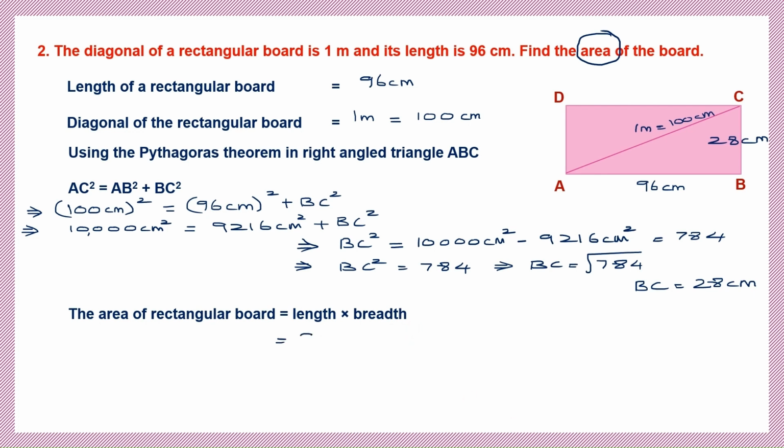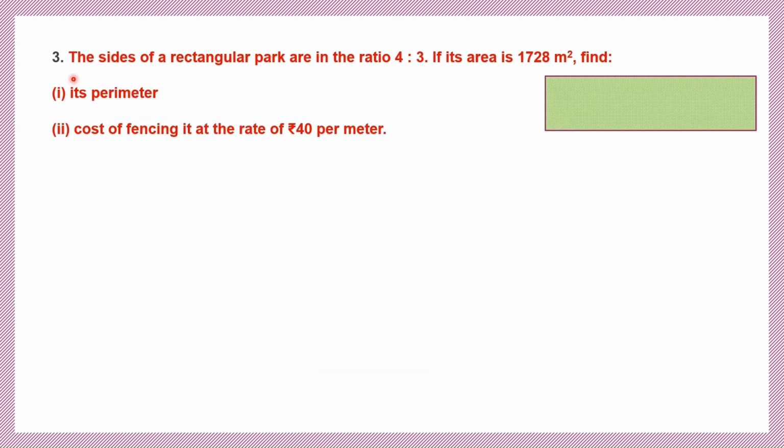The length is 96 centimeters and the breadth is 28 centimeters. So let's multiply 96 into 28. When you multiply 96 into 28, you get 2688 and the unit is centimeters square. So now we have found the area of the rectangular board and that is 2688 centimeter square.